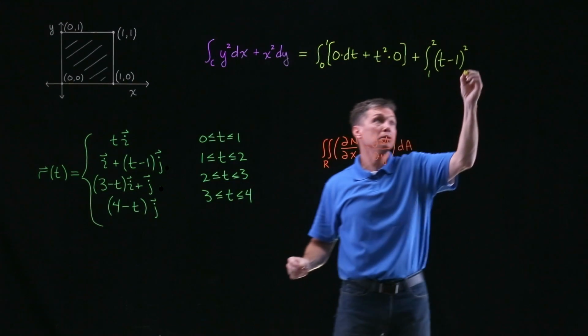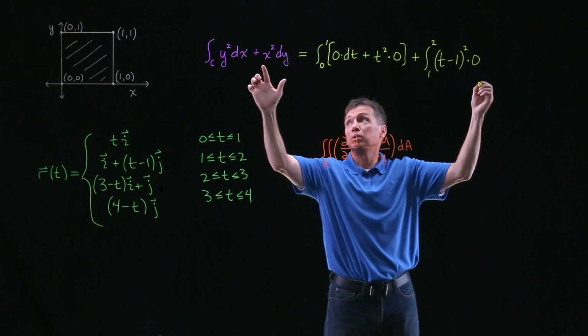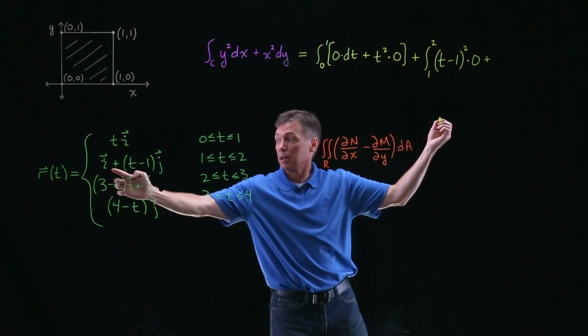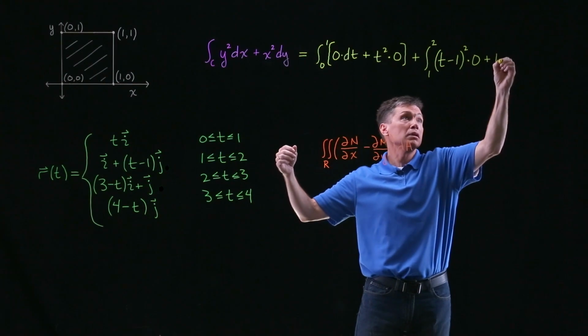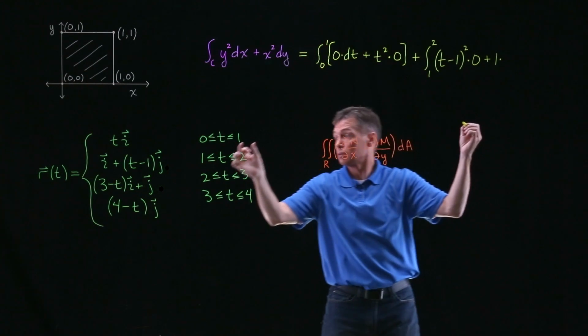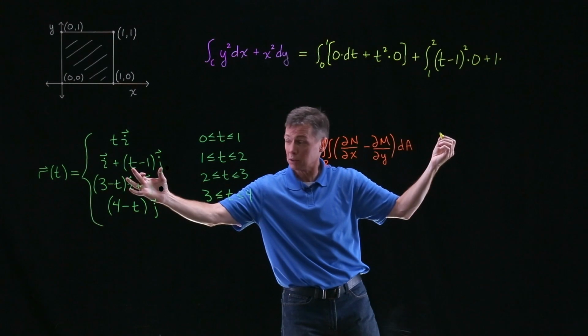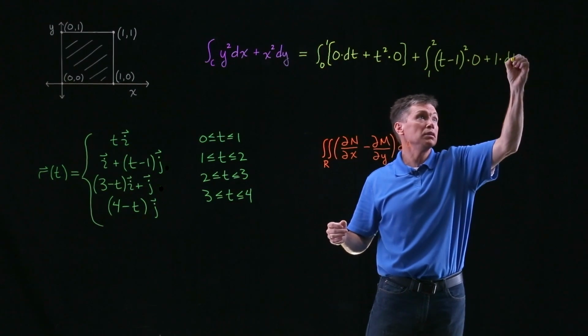The derivative of 1 is 0, so that's times 0. And then plus my x, which is that i component. It's 1, but squared, that's still 1, times dy. Now I'm looking at the derivative of this component, derivative of t minus 1 with respect to t. That's just 1. So this is a dt.